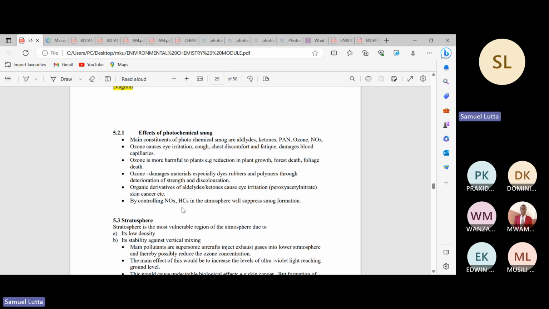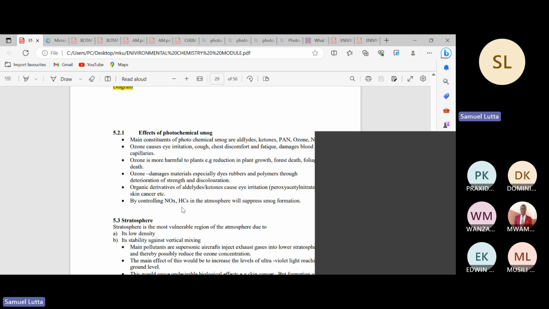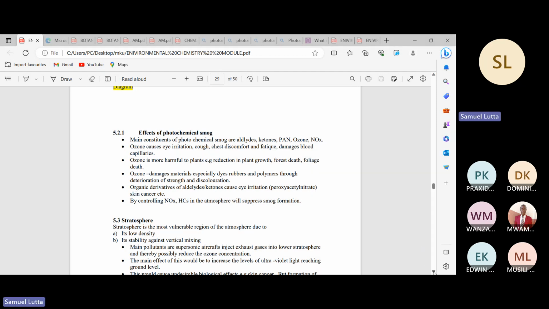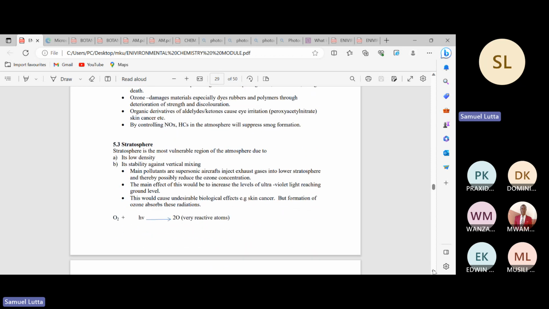To control formation of the smog, we need to take care of nitrogen oxide, the hydrocarbons, and ozone. What we can control, which are caused by human beings, are the NOx and hydrocarbons, which come from combustion of fuels. If you can control that, then you can control the formation of smog.